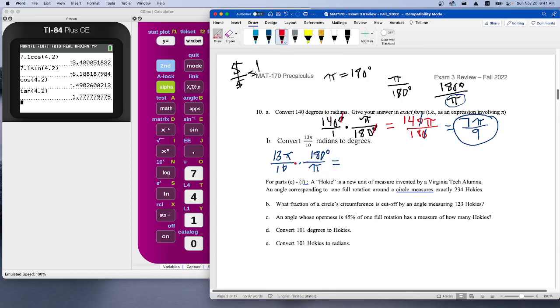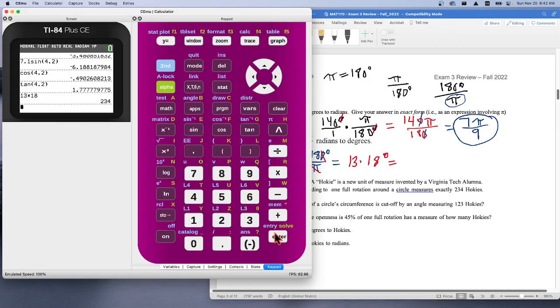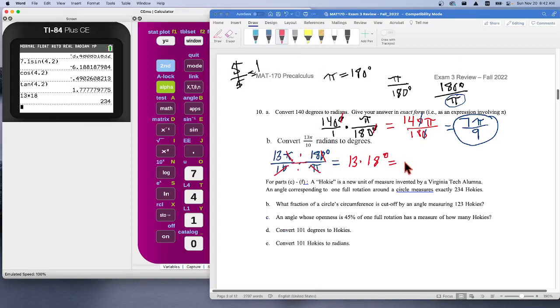When we multiply, you just multiply the top and the bottom, so the pi divided by pi, because this is all multiplication, will cancel out and become 1. 10 goes into 180 18 times, and so we're left with 13 times 18 degrees. We put that into the calculator, because you don't want to leave a number like that. 234. There we go.